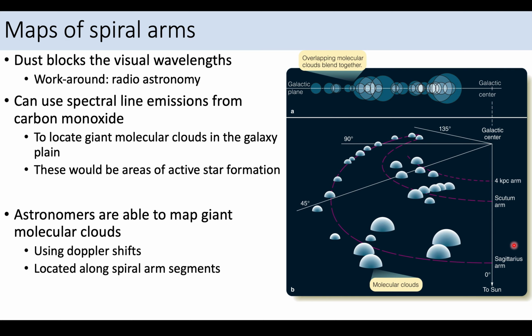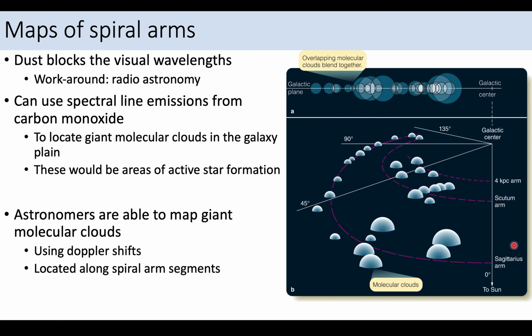So we can actually map spiral arms. The ISM does block a lot of the spiral arms in the visual, so we can't actually see these things in the visual. However, the workaround to still be able to map where these spiral arms are in space is using radio astronomy.